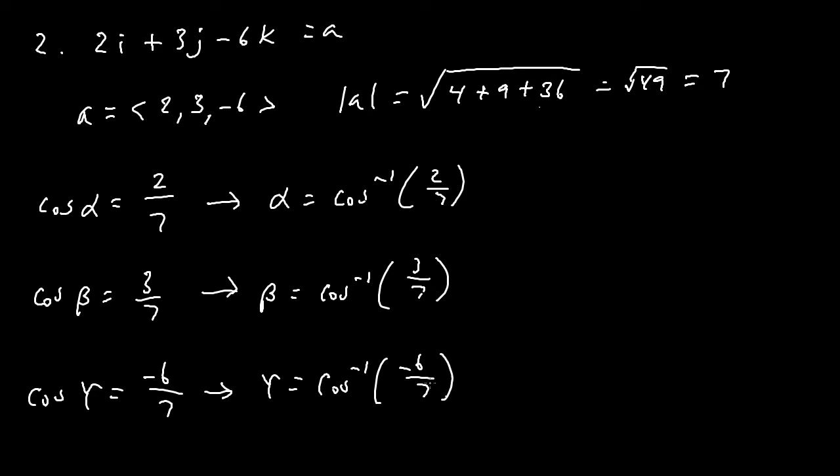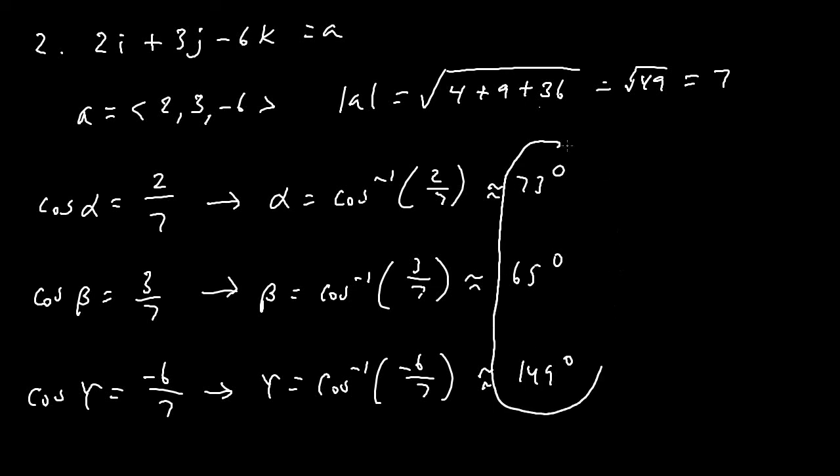I'll put all these in degrees. So alpha is going to be around 73 degrees, beta is going to be around 65 degrees, and gamma is going to be around 149 degrees. So those are going to be the direction angles of the given vector A.